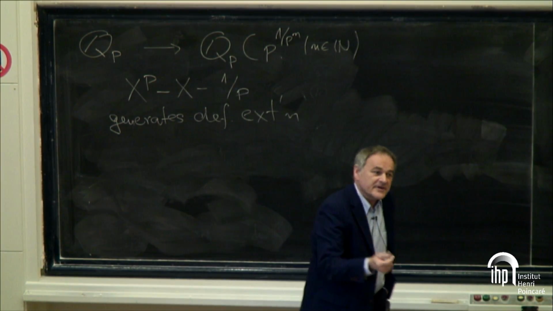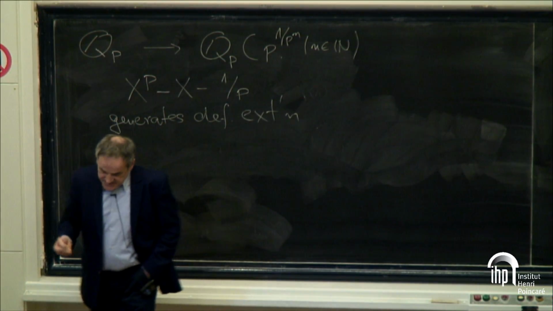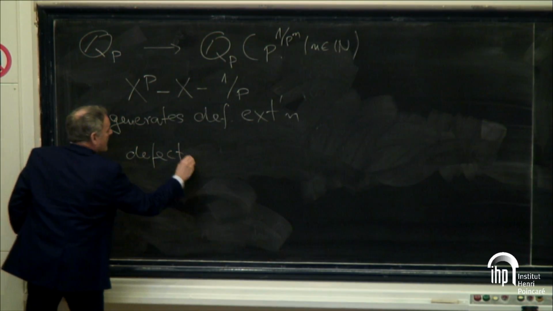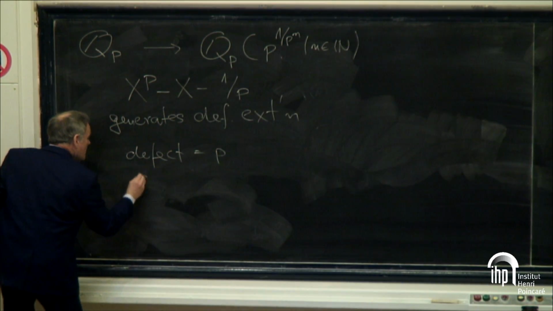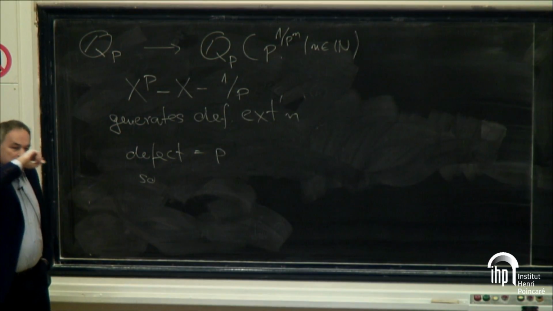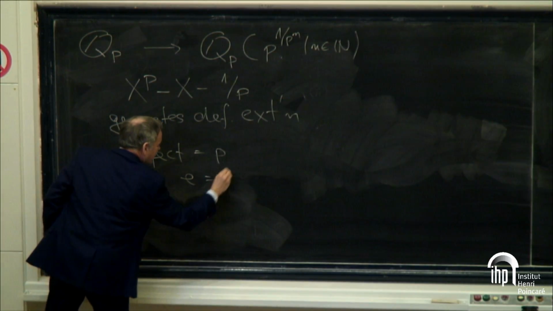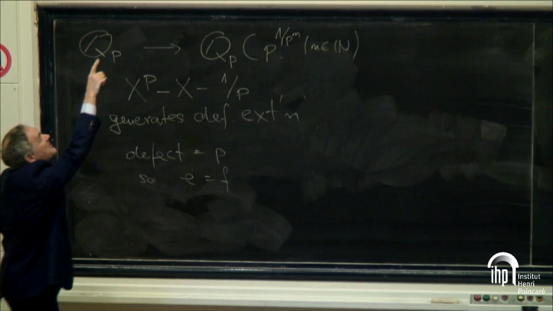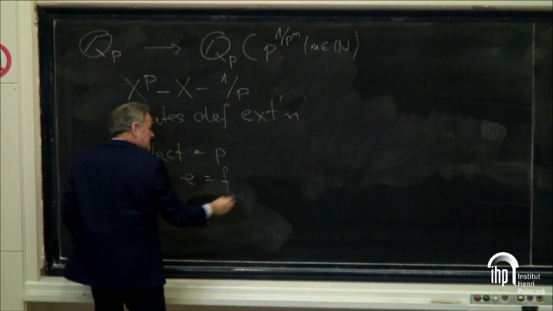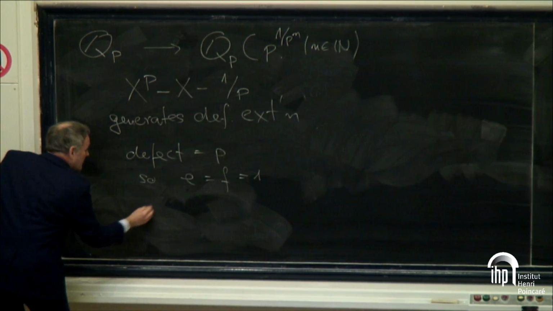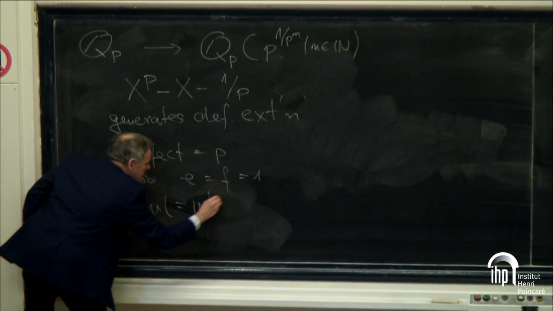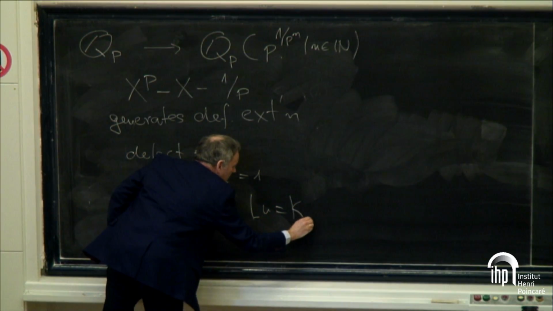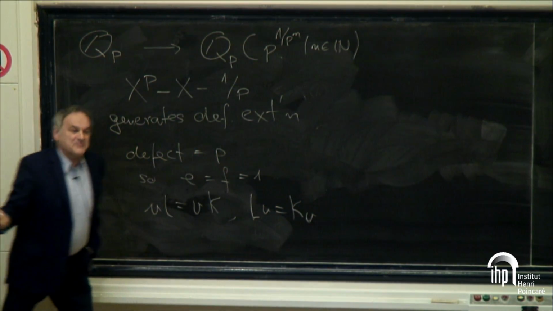Okay, but if you have such extensions, now we have the defect is p. So e and f, the ramification index and the inertia degree, those appearing there in the equation, they are both 1, which means vL is vK, Lv is Kv, and also that appeared already. This is an immediate extension.